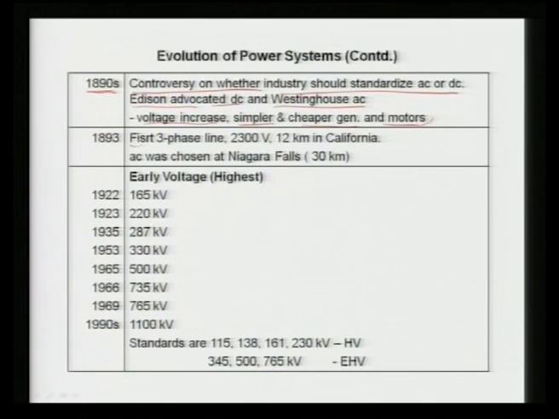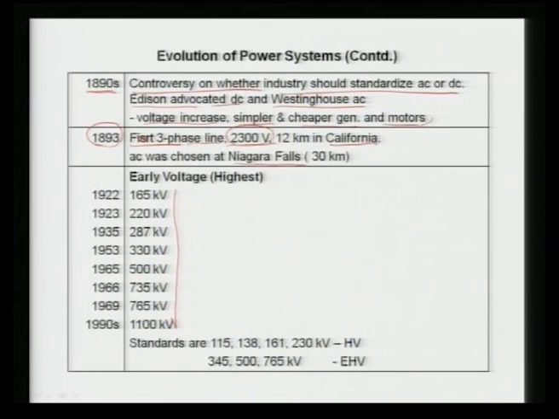The first three-phase power system was operated in 1893, at a voltage of 2.3 kilovolts. It was in California, chosen for Niagara Falls, 30 kilometers away. AC systems became very popular, but the voltage at the beginning was very low due to various problems in the design and the availability of insulating materials.